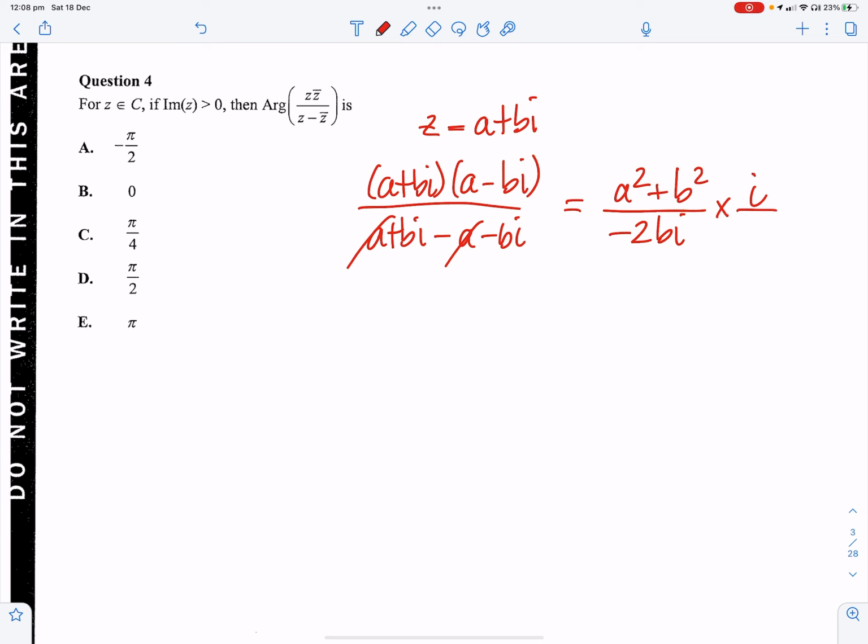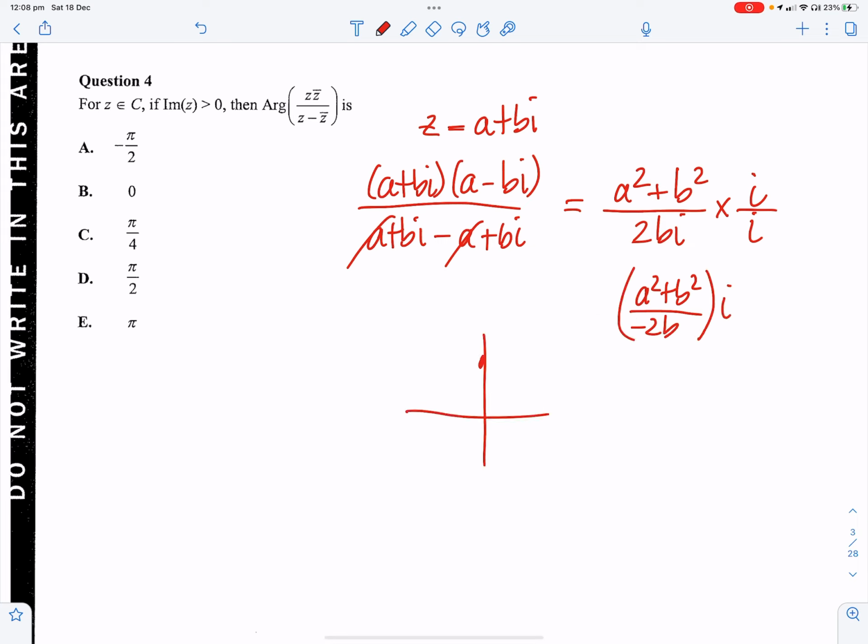So if we multiply this by i over i, what do we get on the bottom? Hang on a sec, that's the conjugate of that. So that's going to be a plus, because I'm minusing the conjugate. So I get plus 2bi. If I multiply it by i over i, I get a squared plus b squared over negative 2bi.